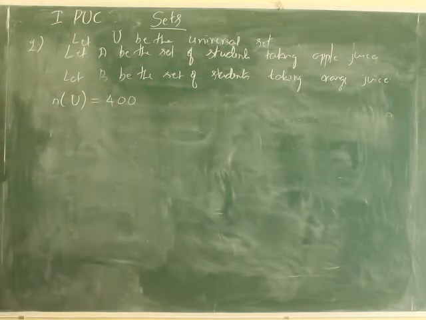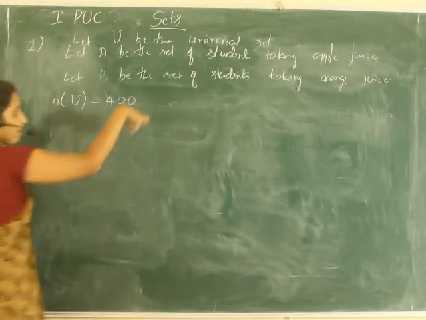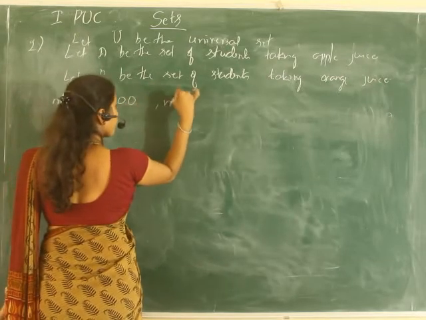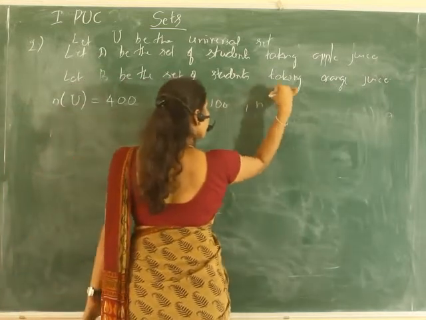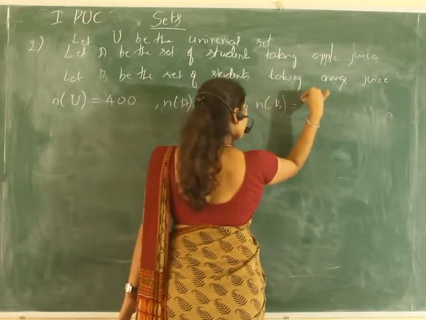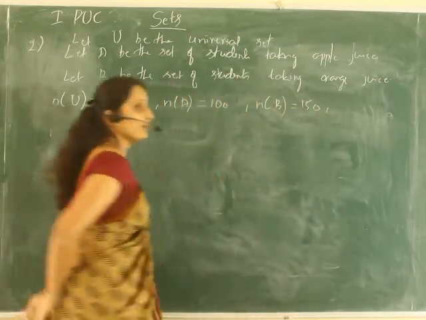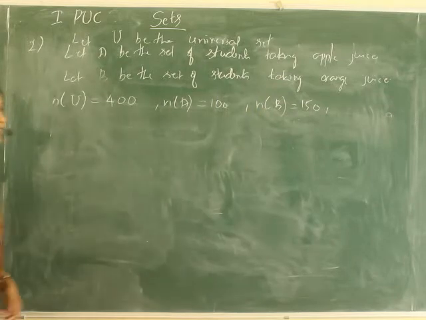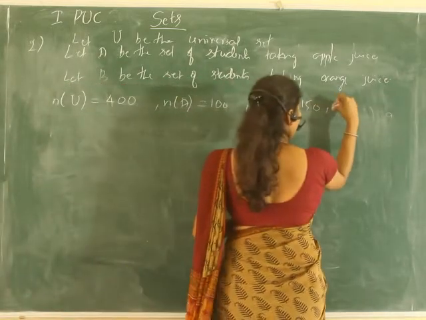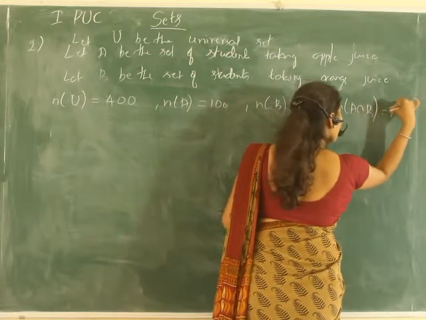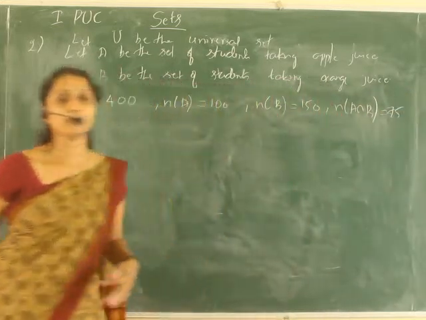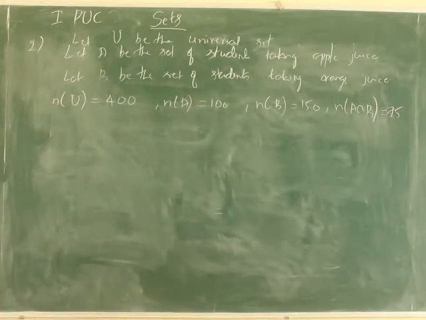And how many are taking apple juice? 100 are taking apple juice, so n(A) is 100. n(B) is 150, and 75 both means n(A intersection B). That is 75 students are taking both. So this is the given value.